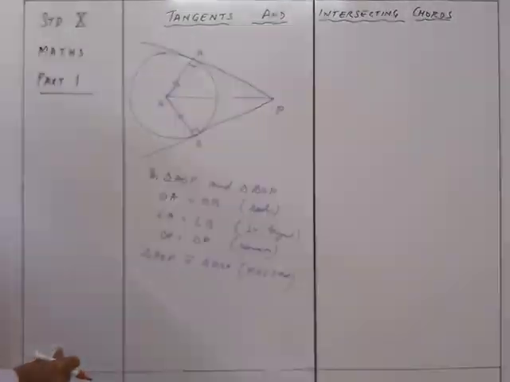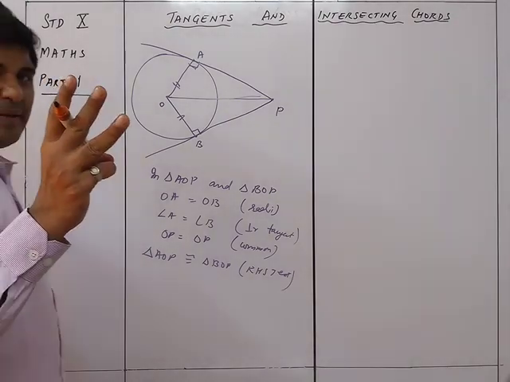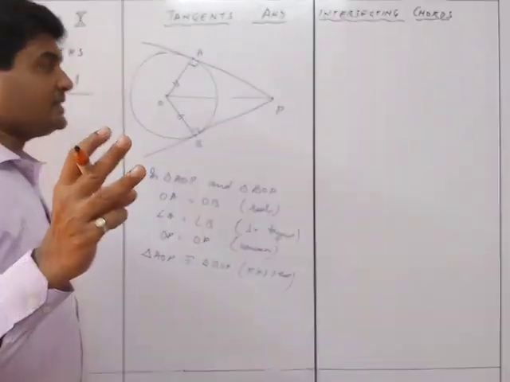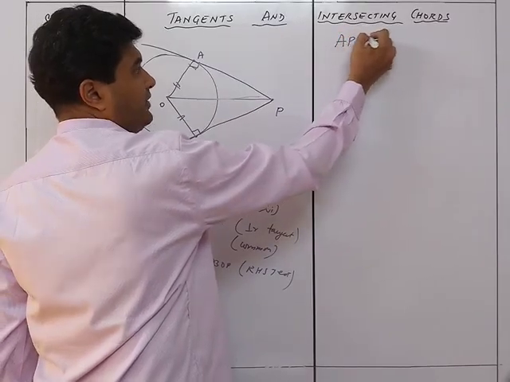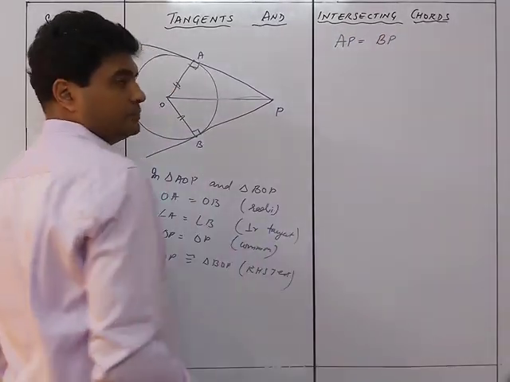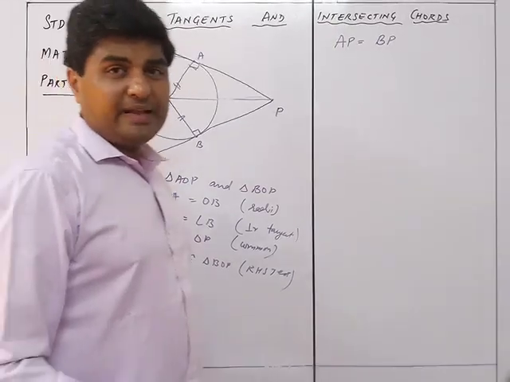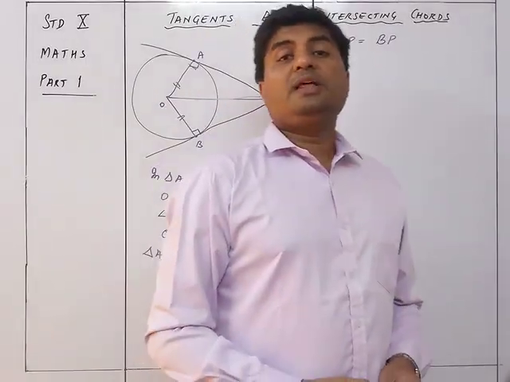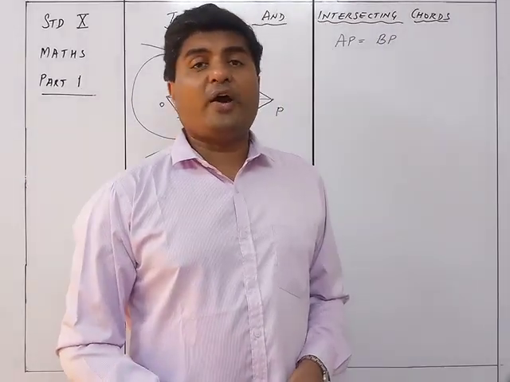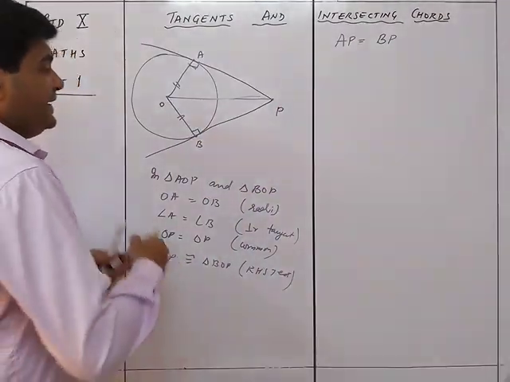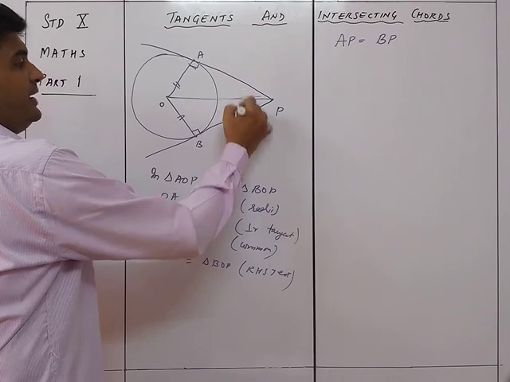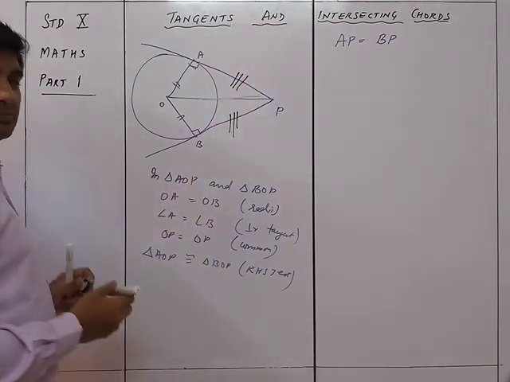Now, if this is so, then I get three CPCTs. What are the three CPCT? First thing, AP is equal to BP. That means that the tangents drawn from a point outside the circle are always equal. So this is going to be equal to this.